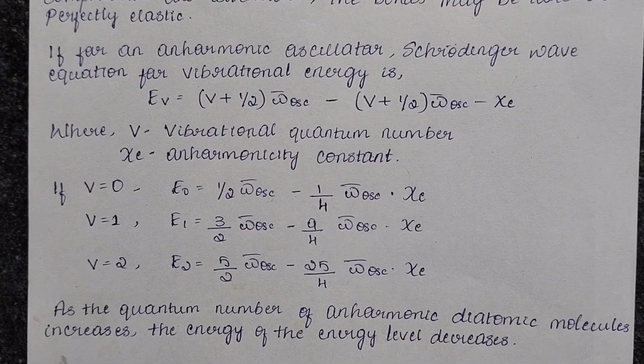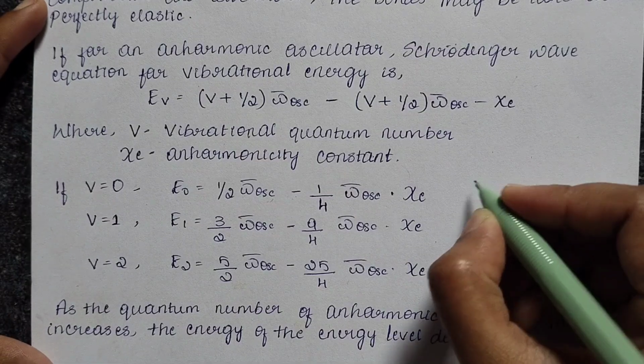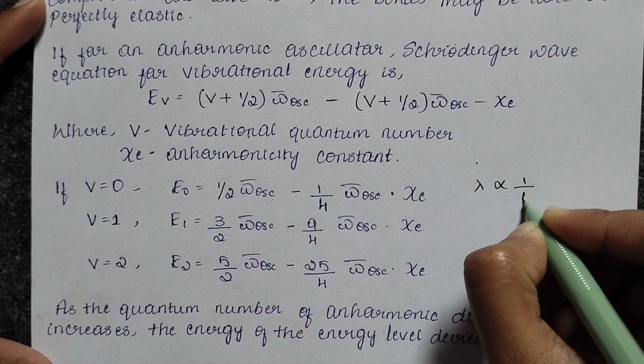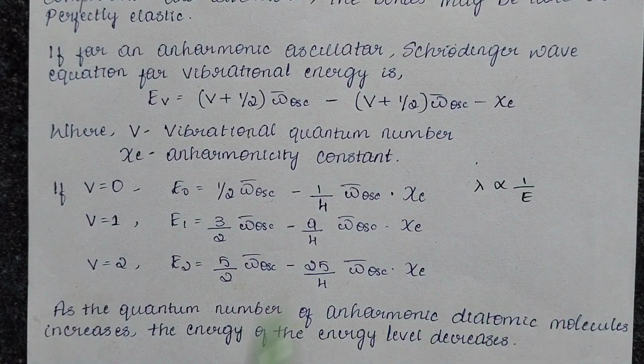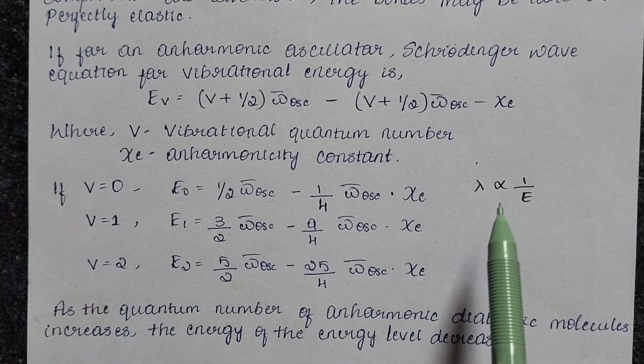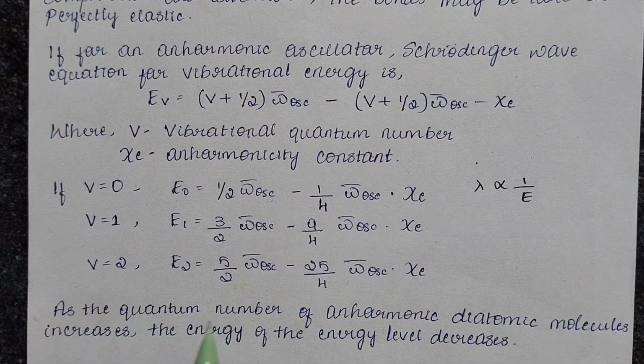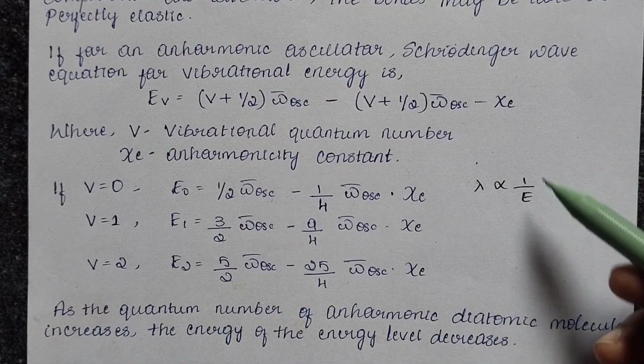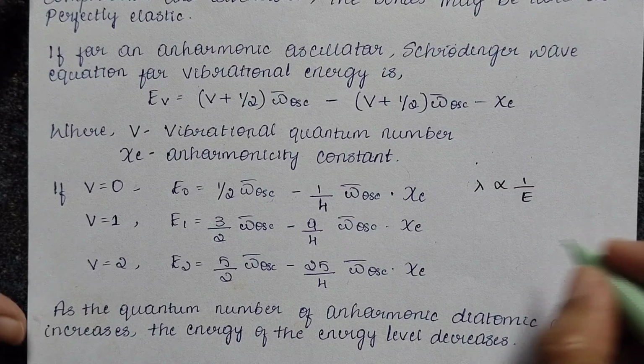As the quantum number of an anharmonic diatomic molecule increases, the spacing of the energy levels decreases. Why does this happen? As we know, wavelength is inversely proportional to energy, and the quantum numbers are associated with the wavelength, so when the quantum number increases, the energy spacing decreases.